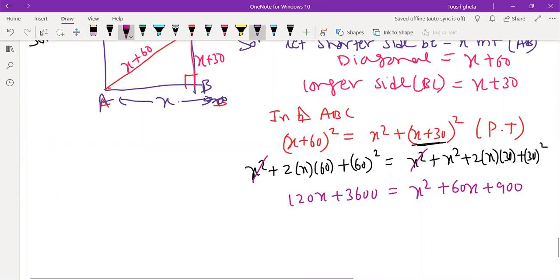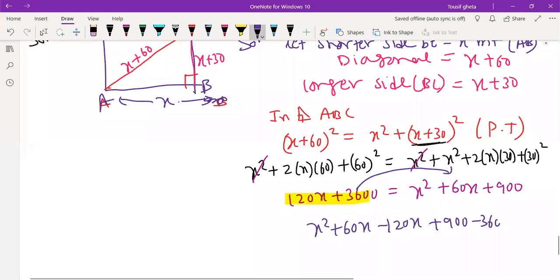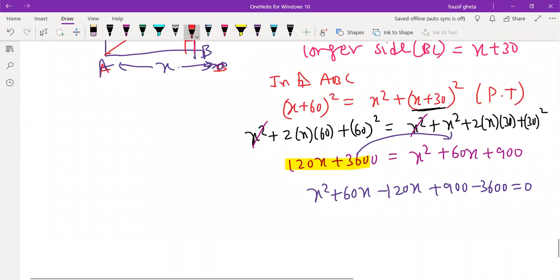So I will take this whole part to this side. I will get x square plus 60x minus 120x plus 900 minus 3600 equals 0. Now simplification: 60 minus 120 gives minus 60x, and 900 minus 3600 gives minus 2700 equals 0.